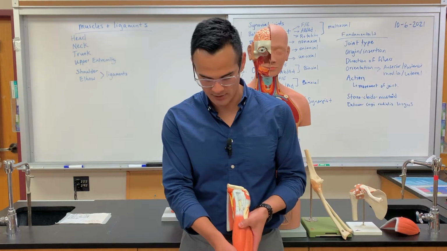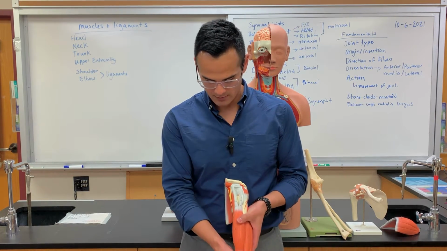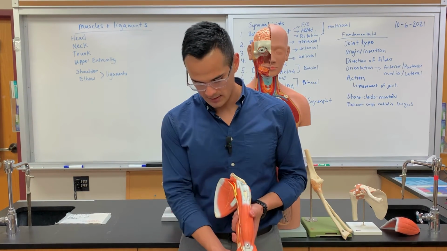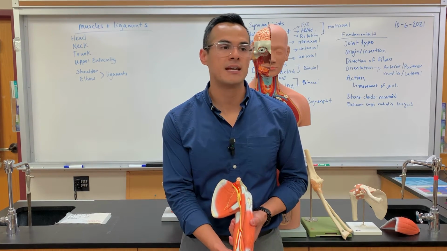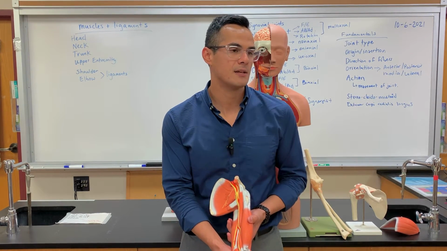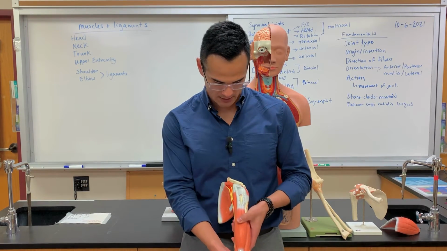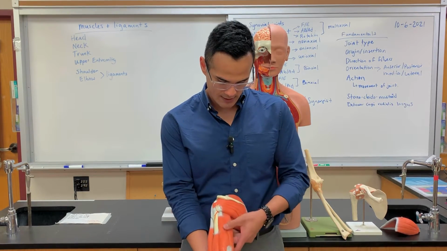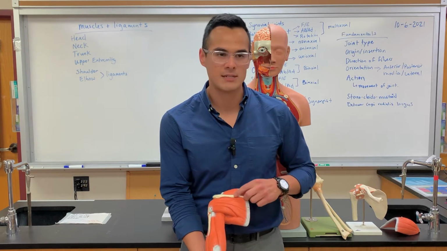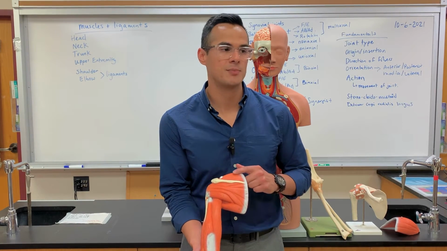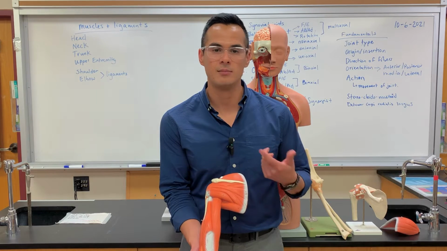The rotator cuff muscles. The first one that's here is what's known as the subscapularis. Sub is below, like a submarine. And then the one that's above the spine of the scapula is the supraspinatus, because it's above the spine.